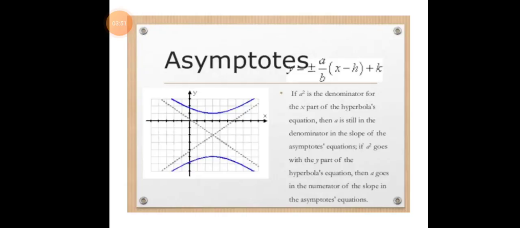Then if a squared is the denominator for the x part of the hyperbola's equation, then a is still in the denominator in the slope of the asymptotes equation. If a squared goes with the y part of the hyperbola's equation, then a goes in the numerator of the slope in the asymptotes equation.